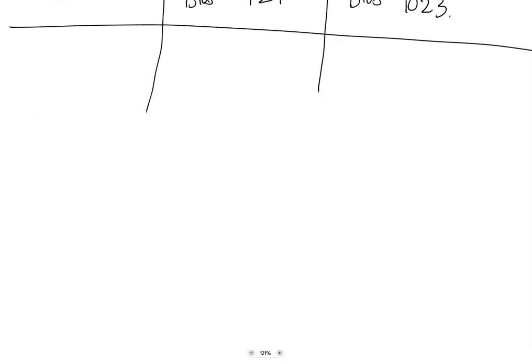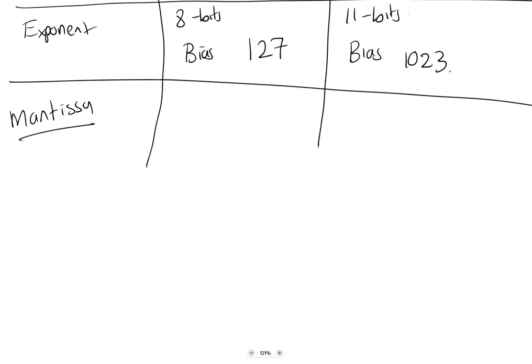Finally, we look at the mantissa. Remember, the mantissa is this part of the number. Whatever it is, it could be anything. This is different from the example from before, but whatever this number is, that's the mantissa.